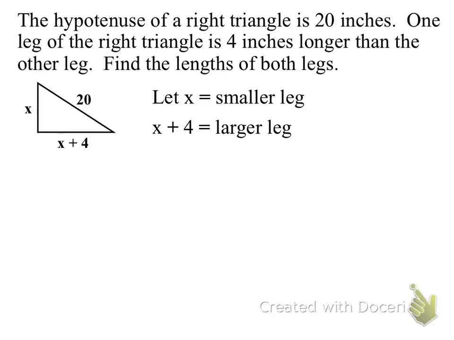What am I doing next? They mentioned the word right triangle. They want the side. The same 3 people are answering my questions. I want to hear from somebody else. Carson. A squared plus b squared equals c squared. What's that called? Oh, I knew this. Yes. We're going to use the Pythagorean theorem.